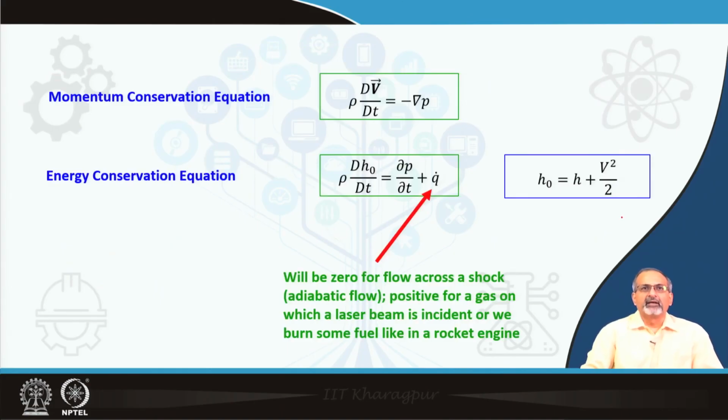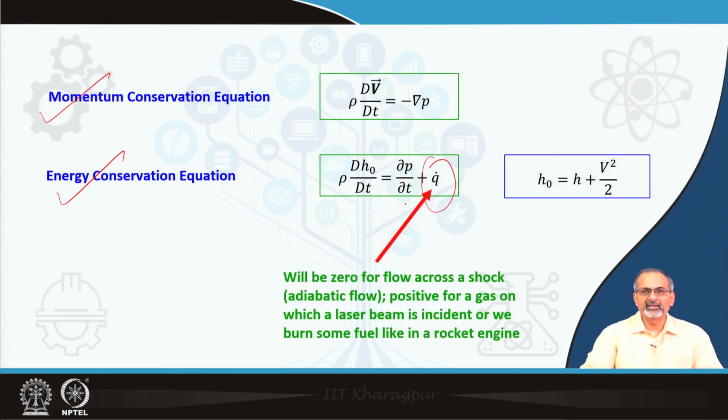And further, you look at the momentum conservation equation in the global sense and the energy conservation equation in the global sense too. If you recall that when we were discussing the governing equations for equilibrium flow, we did not mention this, it could have come there too.